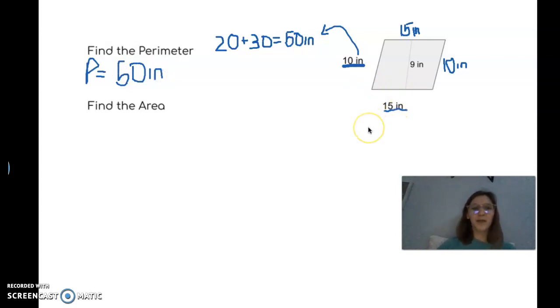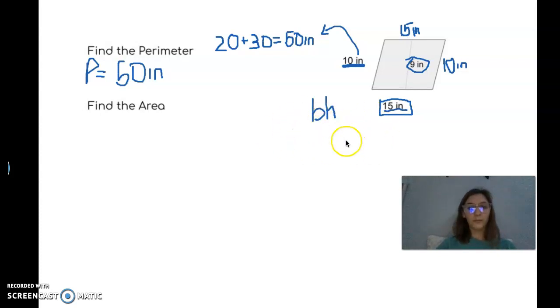Who wants to tell me how I can find my area? Good, so I'm going to take my base and times it with my height. So you'll see this, and it's going to look like this for the solution.